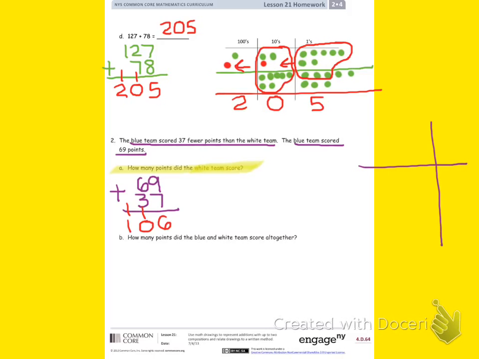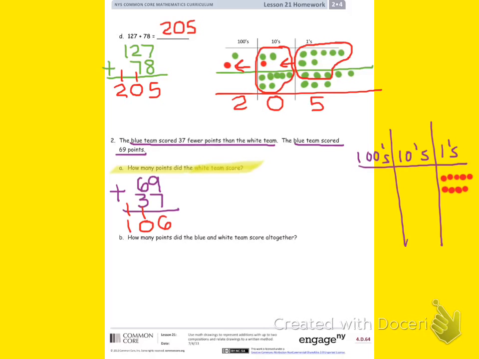I'll use a place value chart and label it ones, tens, hundreds. All right, 69 has 9 ones. 1, 2, 3, 4, 5, 6, 7, 8, 9.